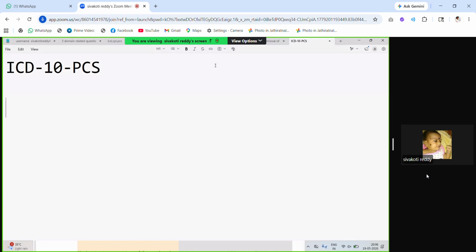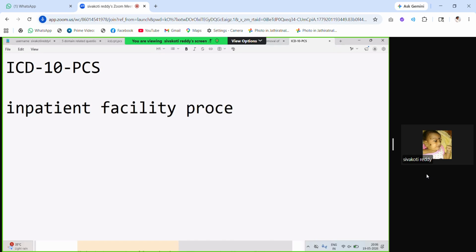Where can we use these ICD-10 PCS codes? In inpatient facility procedures.